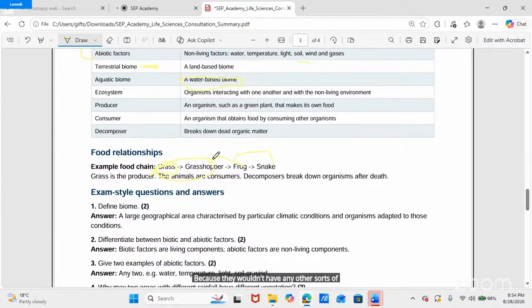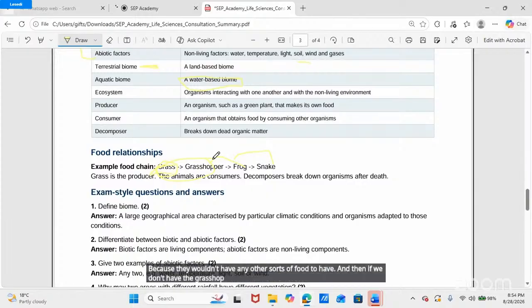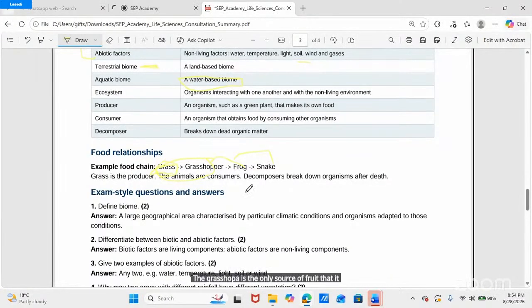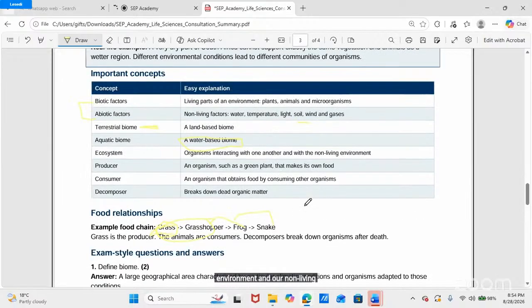And if we don't have the grasshopper, the frog would also be affected if the grasshopper is its only source of food. That's the relationship we have with our environment and our non-living, or biotic, factors.